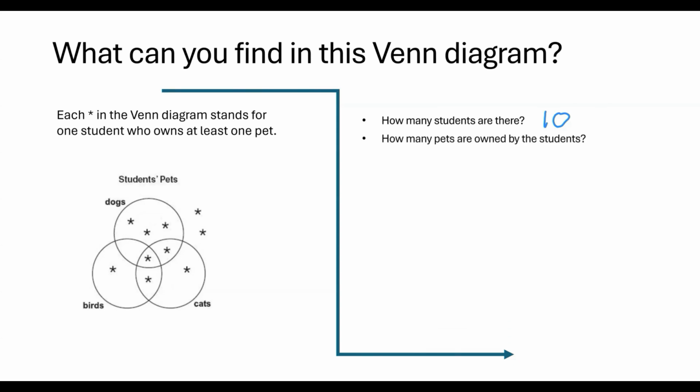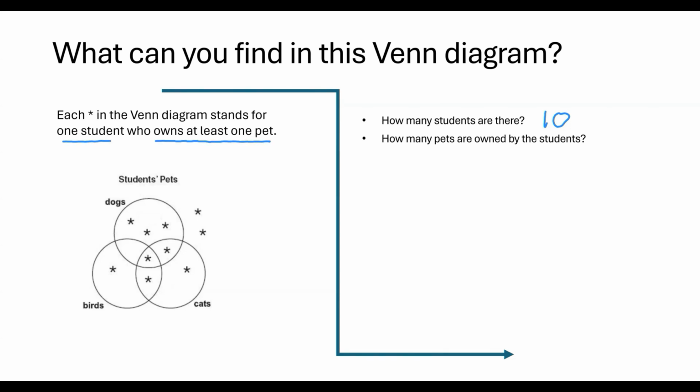How many pets are owned by the students? Can you answer this question? Think about it. It's actually hard, maybe impossible, because it says each star stands for one student who owns at least one pet.